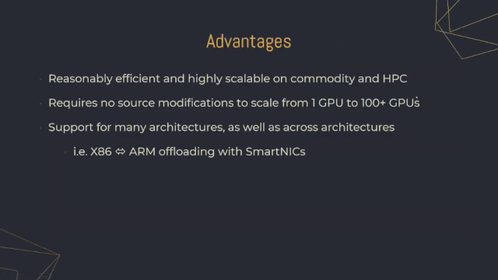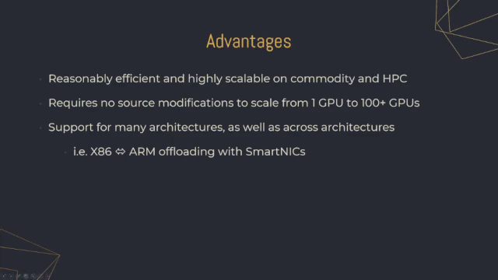The biggest advantages of this approach that we were trying to achieve, and that we did, are reasonably efficient and highly scalable remote device offloading on commodity hardware as well as HPC hardware. It obviously can be improved by better usage of gRPC for commodity as well as UCX for HPC.